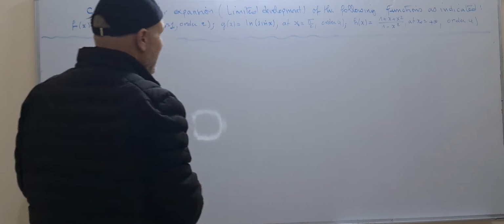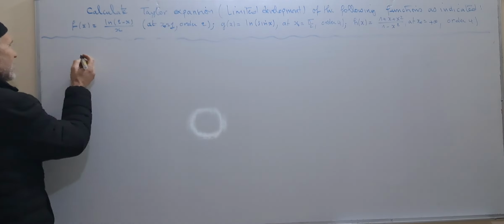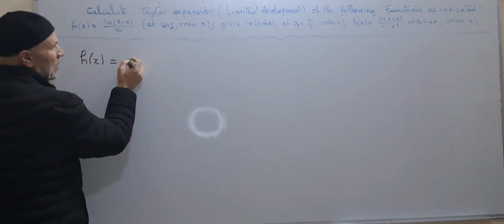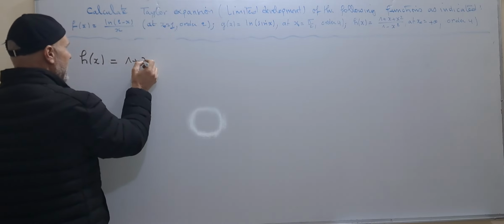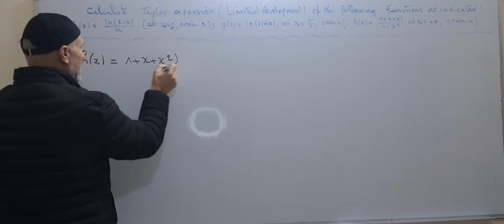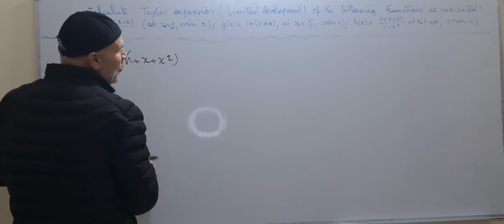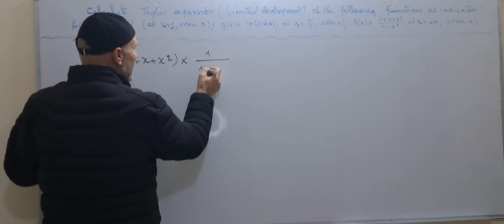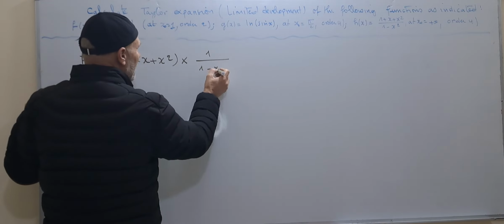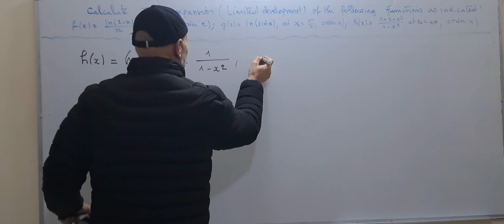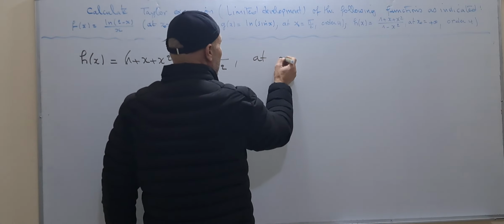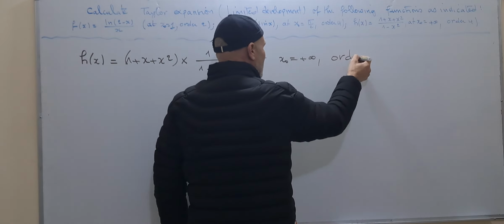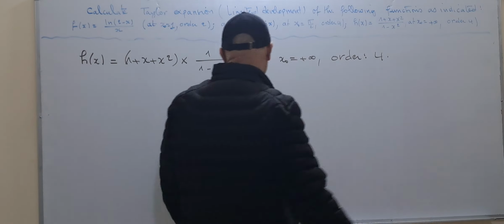The last one is about h of x, the function h of x, which is equal to 1 plus x squared divided by 1 minus x squared. Let us write it in this formula, at the point x0 equal to plus infinity and order, once again, order 4.